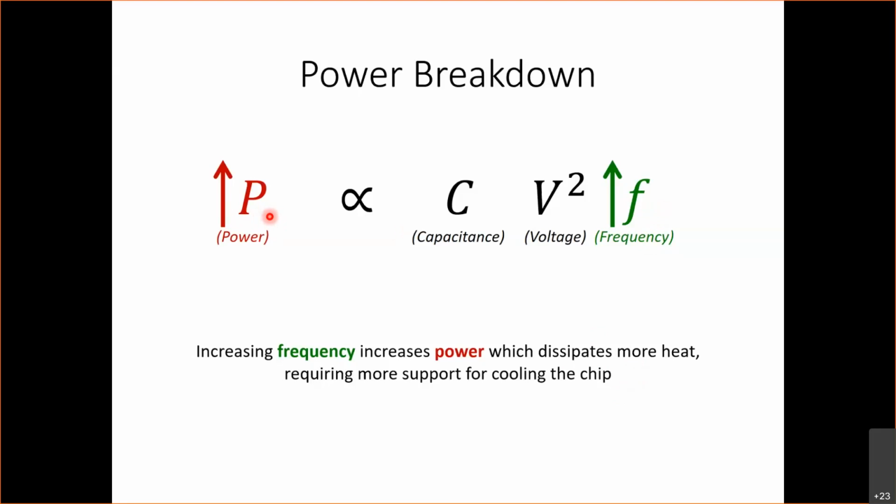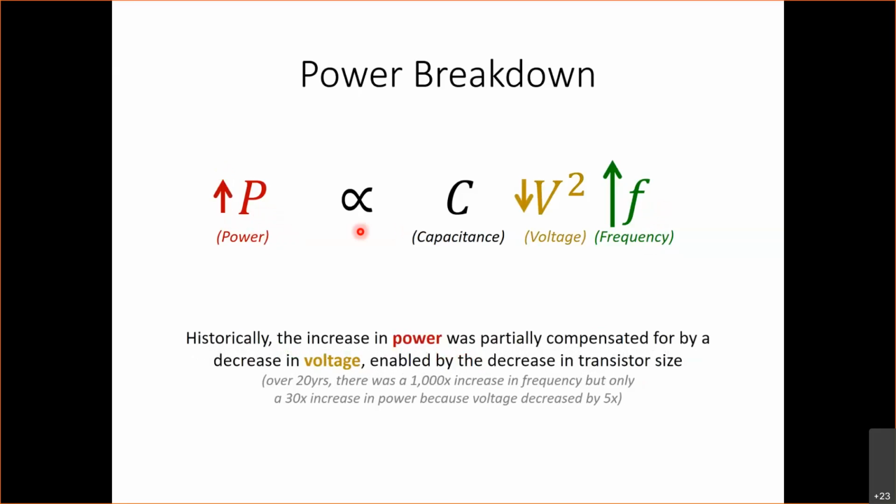Now, the way that circuit designers have dealt with this in the past is that we increased the frequency of the transistors, but because they are smaller, we were also able to decrease the voltage used in the circuit for these transistors.